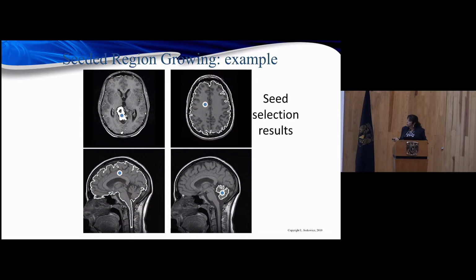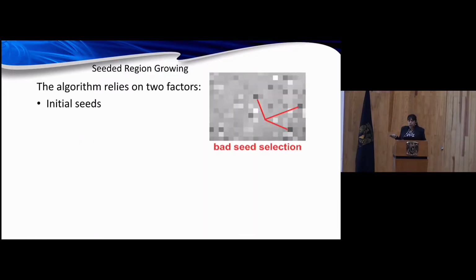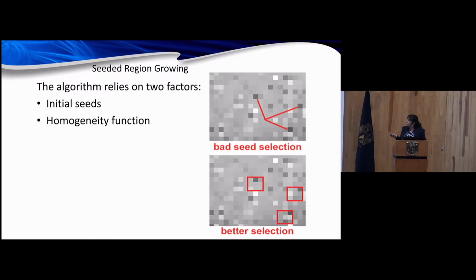And this is something semi-automatic. Remember that I said some algorithms are semi-automatic. Here we need a person who says this is what I'm looking for, and that's where the seed is placed. So this algorithm relies on initial seeds, as I said.